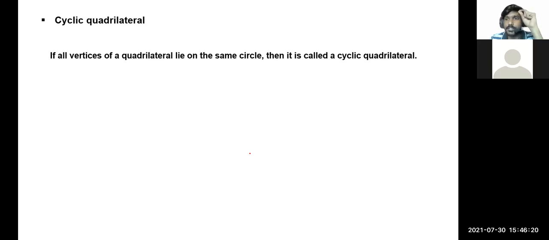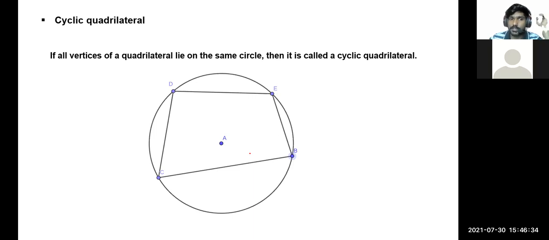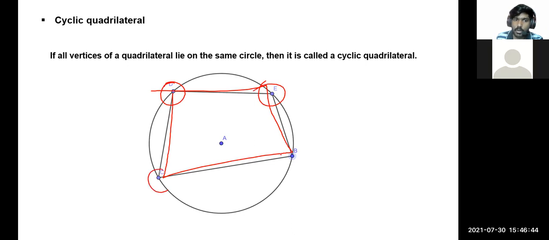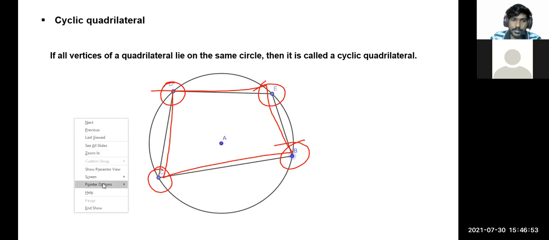Now, if the vertices, that is the corner points of the quadrilateral, lie on the same circle, then that quadrilateral is called a cyclic quadrilateral. So something like this. DCEB is a quadrilateral, and all the vertices, that is the corner points of the quadrilateral, lie on the circle. That is why this quadrilateral is called a cyclic quadrilateral.